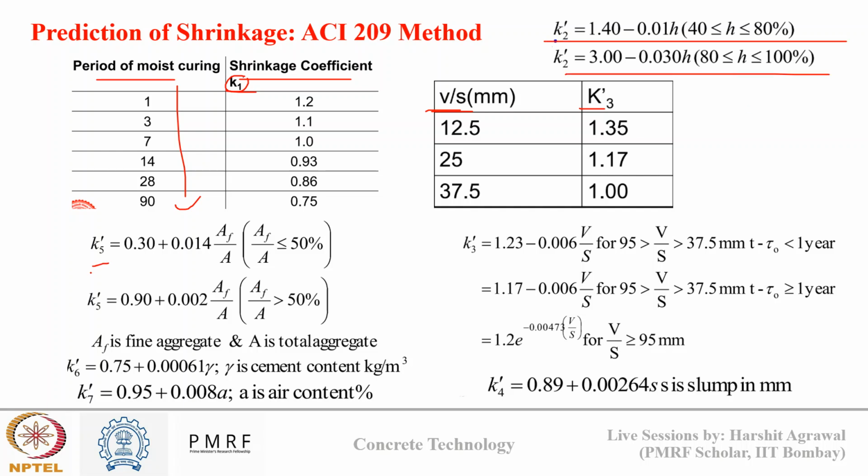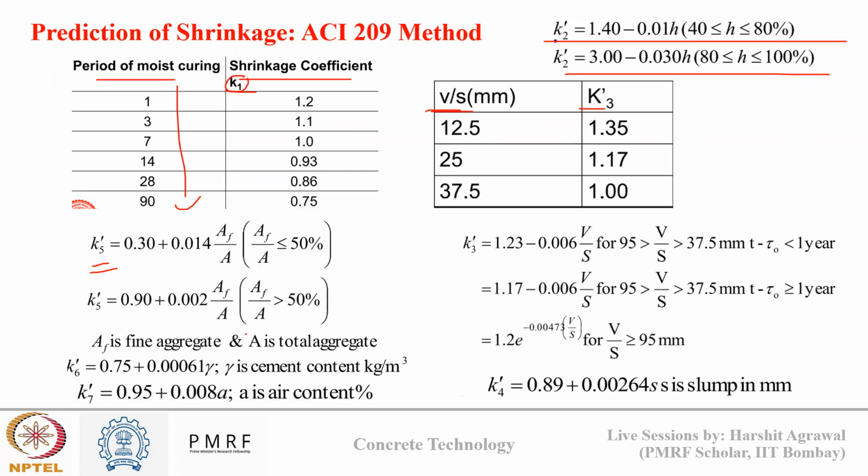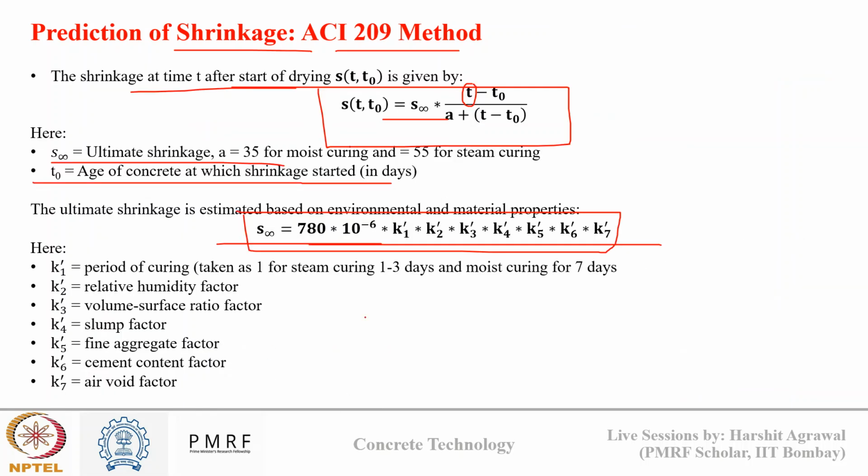Then the k5 factor is based on the fine aggregate content. Based on cement content, we have the k6 factor. Based on air void content, we have the k7 factor. Based on slump, we have the k4 factor. So all these factors we can calculate, and then we can estimate the ultimate shrinkage, and that can be used to calculate shrinkage at any age.